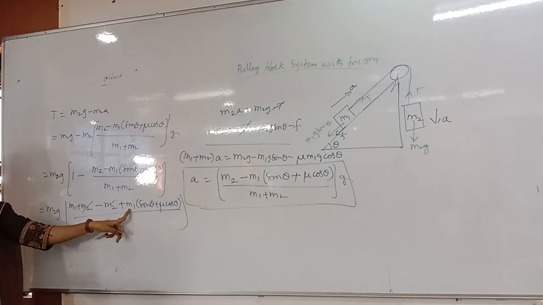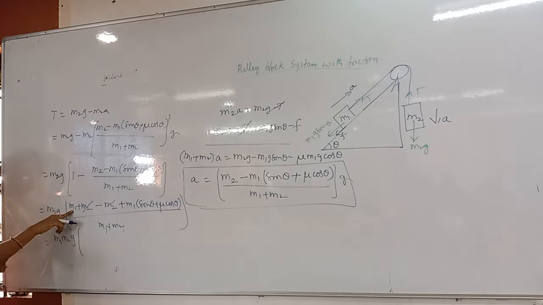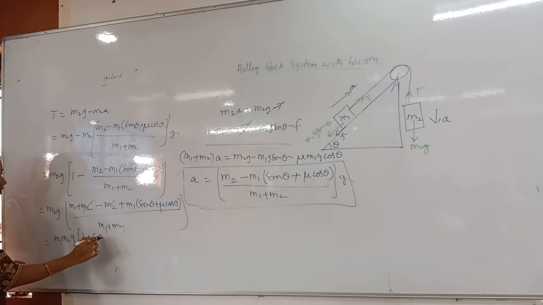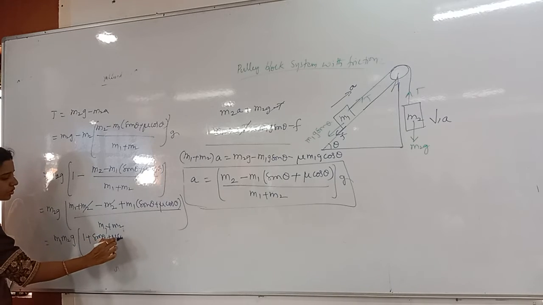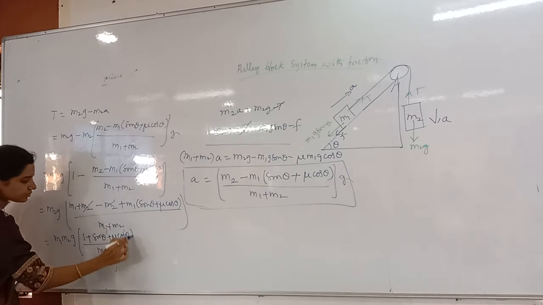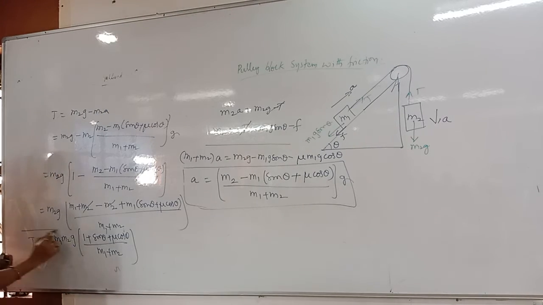Here what can I take common? m1 I can take common. So that m1 m2g into, here 1 is remaining, right? 1 plus sin theta plus mu cos theta by m1 plus m2. That's the answer. Correct? Everything is correct only, no? Yes, this is the tension.